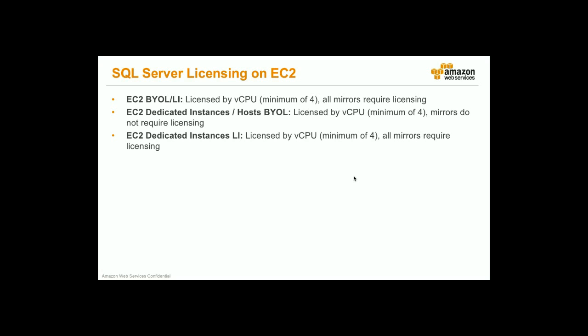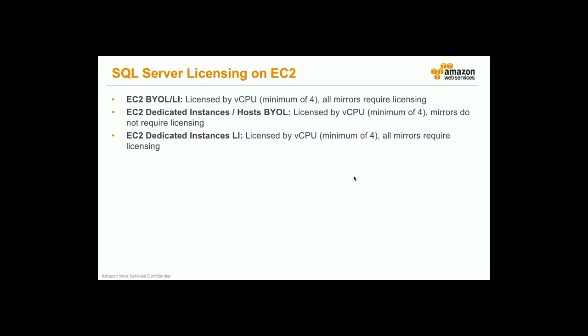So in other words, if you typically did log shipping between an active instance and a passive instance or a secondary in your old data centers, assuming that you haven't paid for that new 2014 change, you would only pay for the active, whereas on AWS EC2, you would need to pay for both the mirrors and the active.